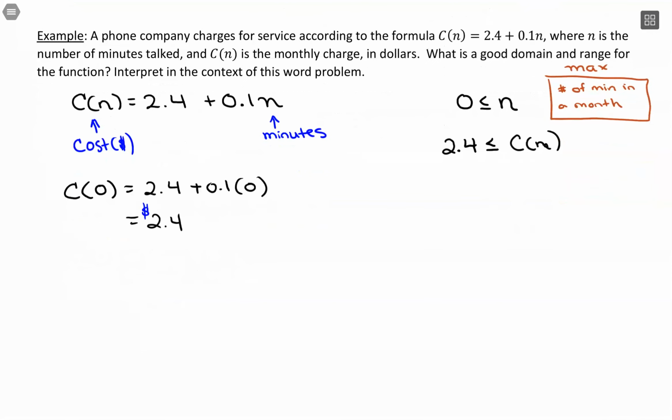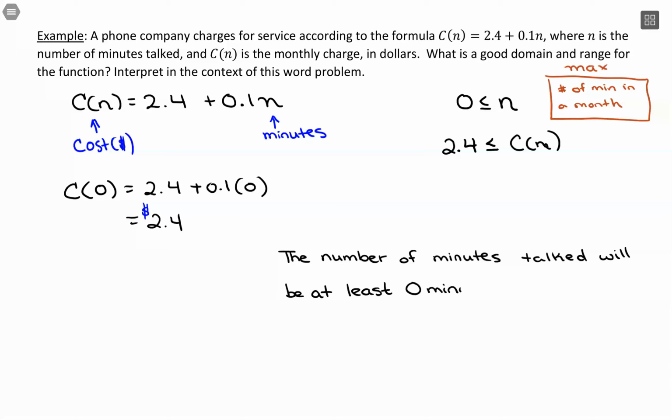So that's what we could do to make a sentence here, is that the number of minutes talked will be at least 0 minutes, with a minimum charge of $2.40.